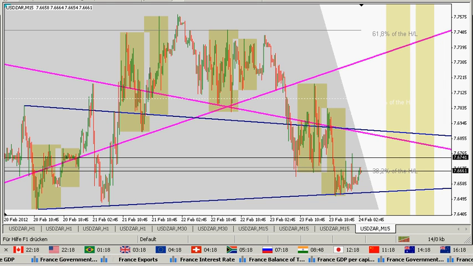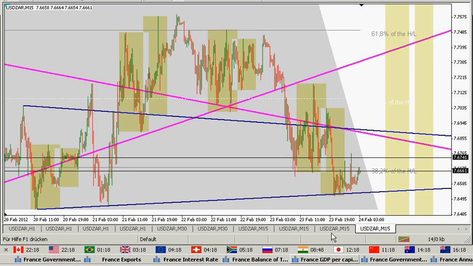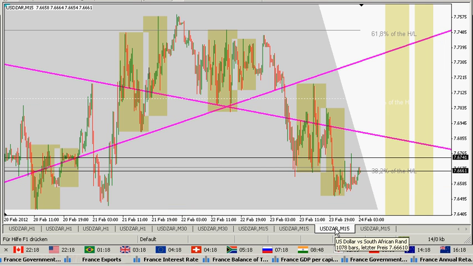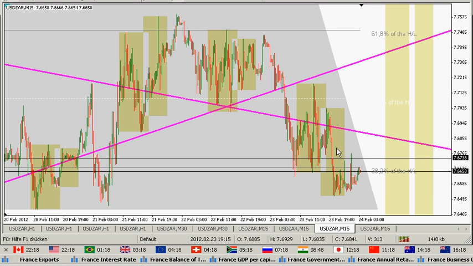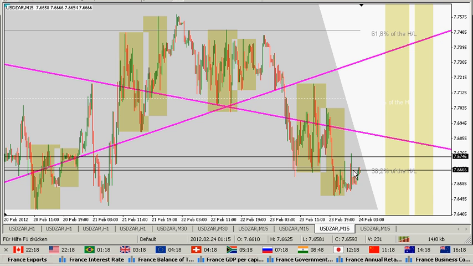Interesting is of course here this week, Monday, Tuesday, Wednesday, Thursday, yesterday, and here we see the 38.2% line of this month's high-low.